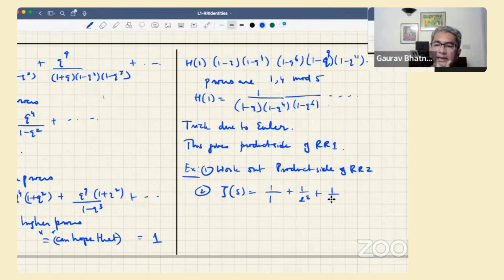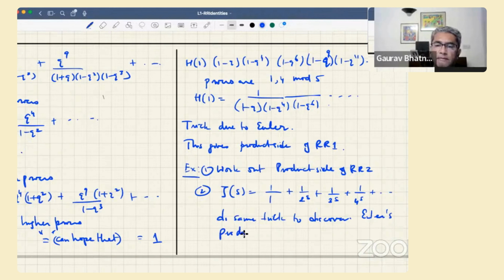So S, let's assume S is some number right now, but this is a zeta function, so you can do it. So if you do the same trick, to discover Euler's product formula for the zeta function.